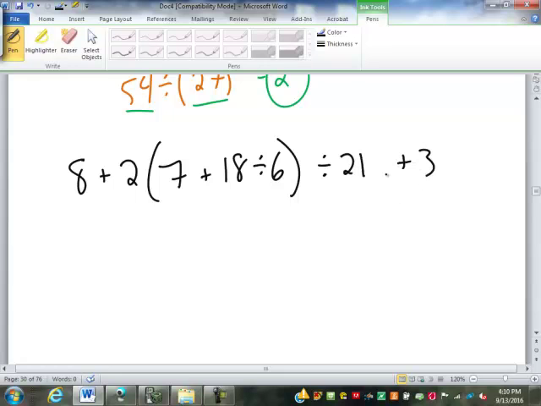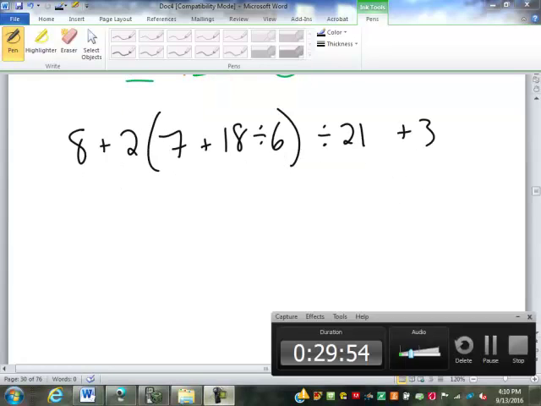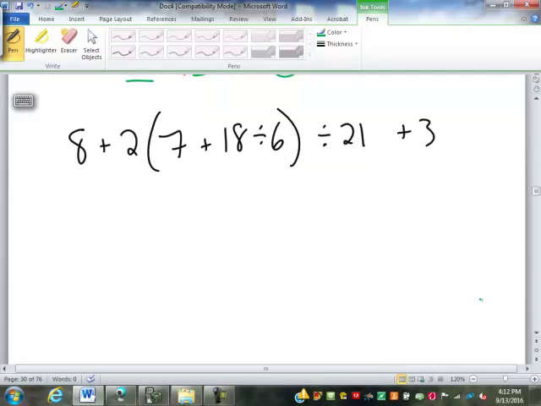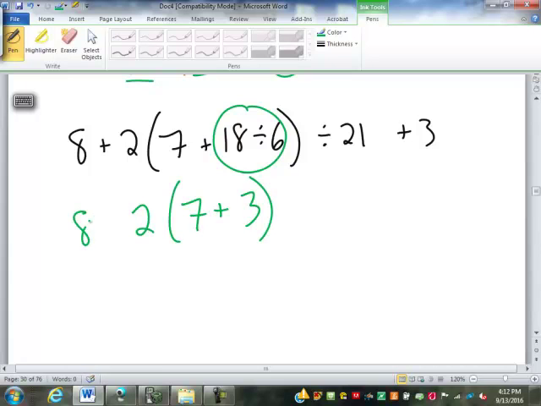Try that one in your notes quick. So what do we have to do first? We have to divide. 18 divided by 6, which is 3. This one doesn't work out very well, does it? That was the wrong number there.